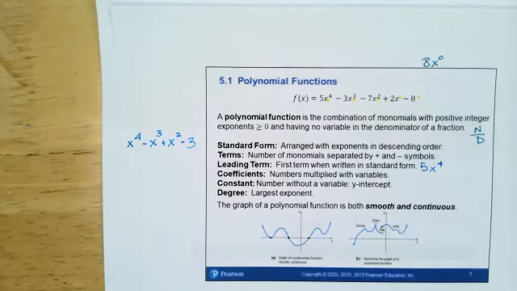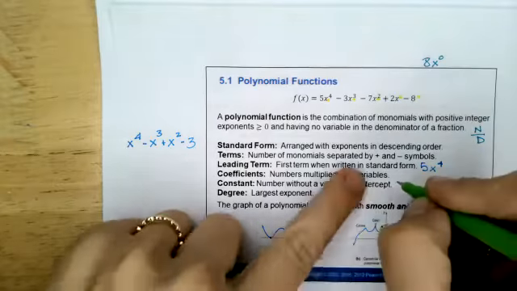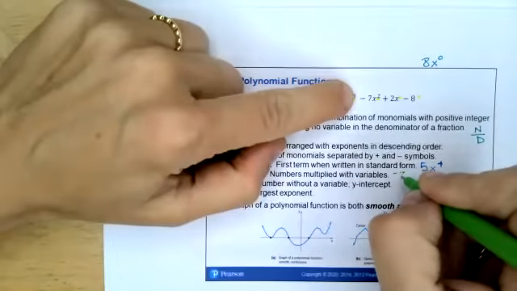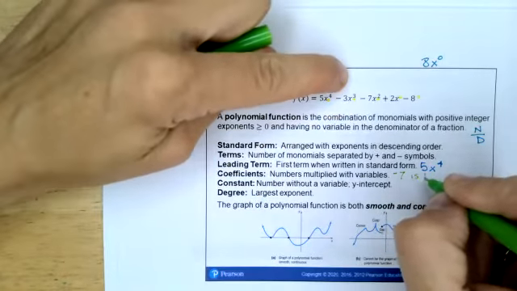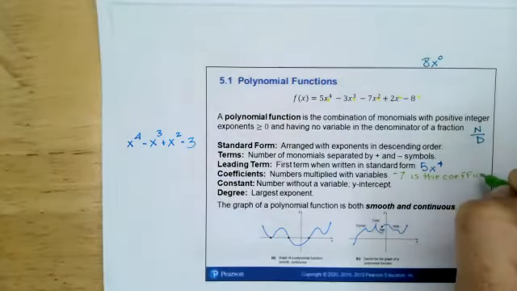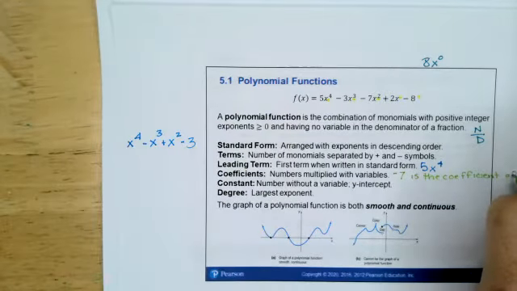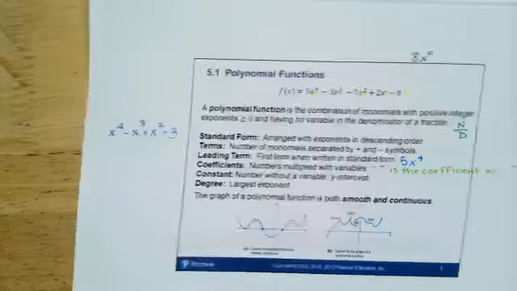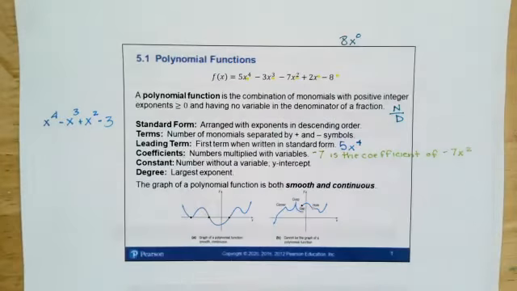The coefficients are the numbers multiplied with the variables. For example, -7 is the coefficient of -7x squared. I apologize. Good.